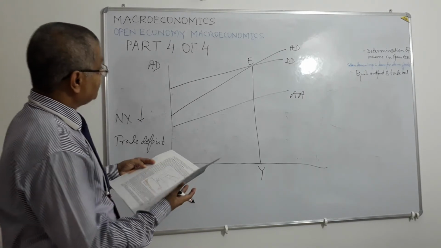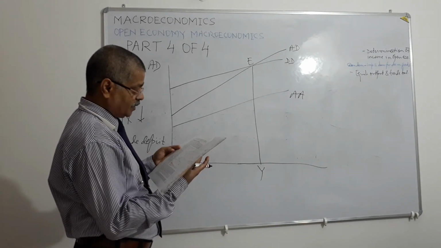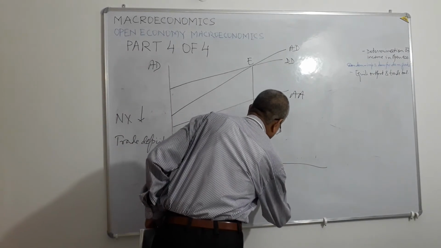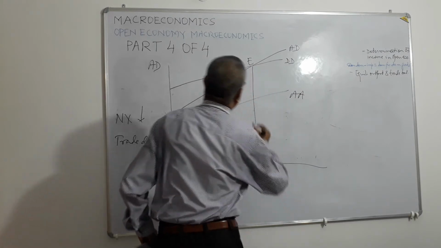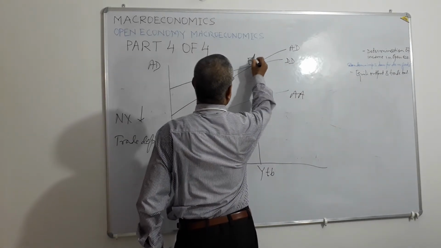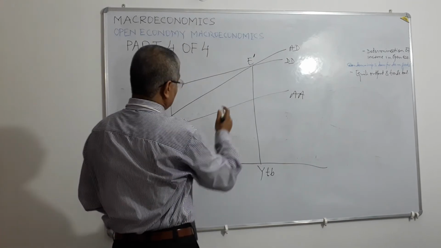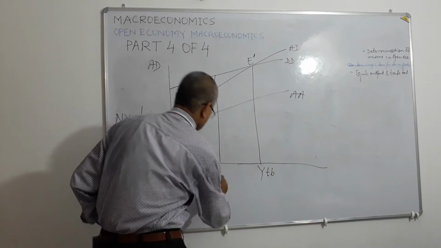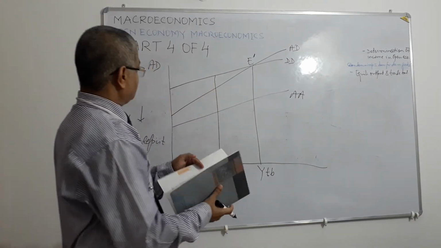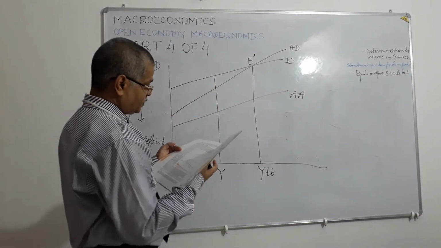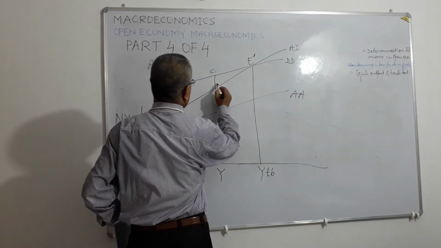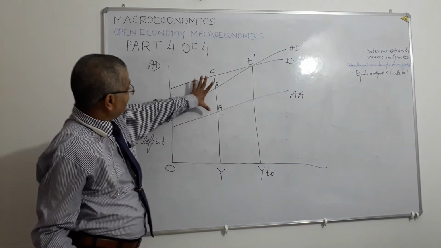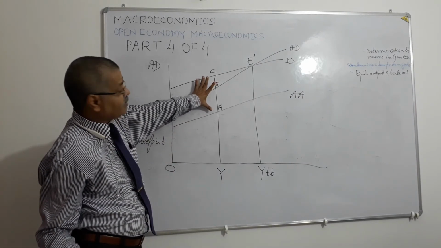Here, this is the YTB, trade balance, and this is E1, new equilibrium, and this is Y level of income, and this is C, this is B, this is A. So AC, what is AC?